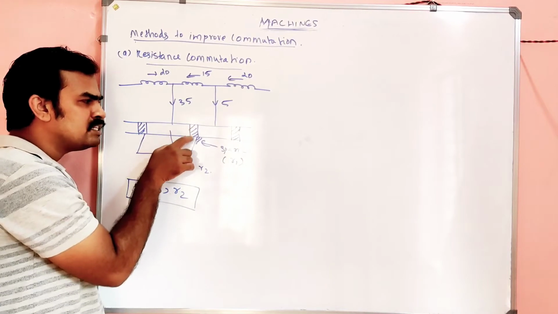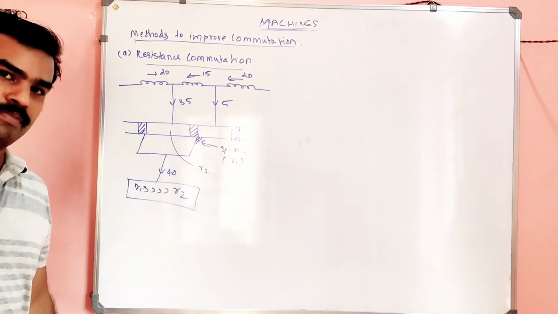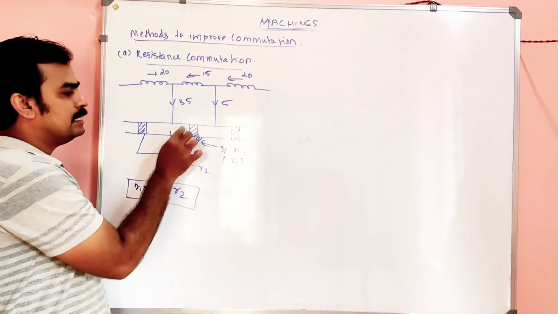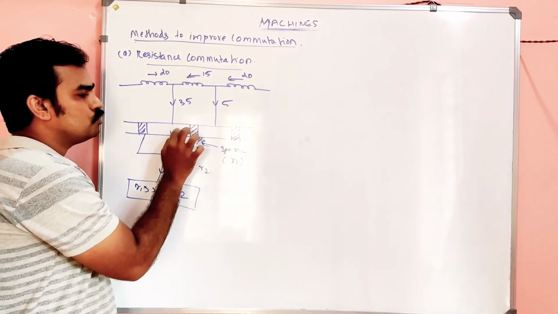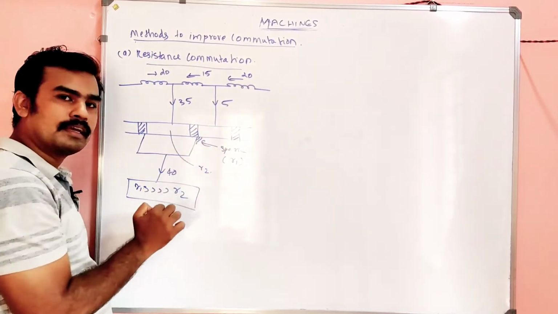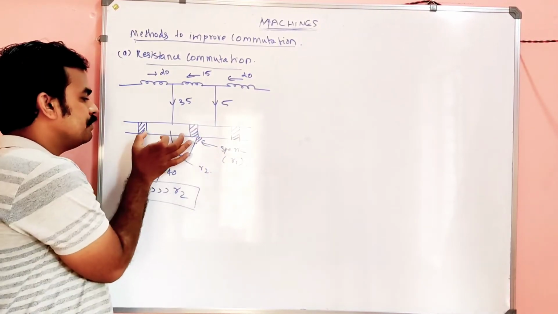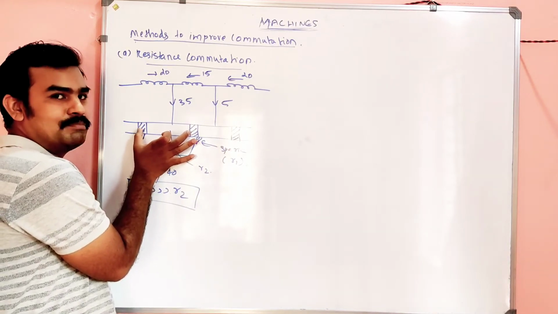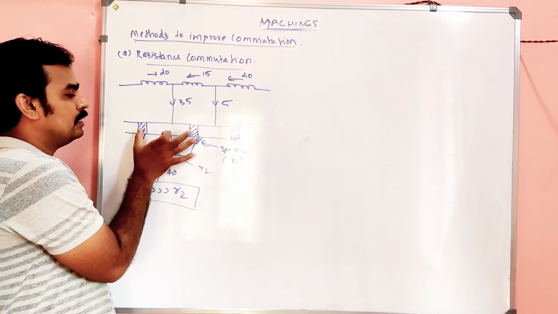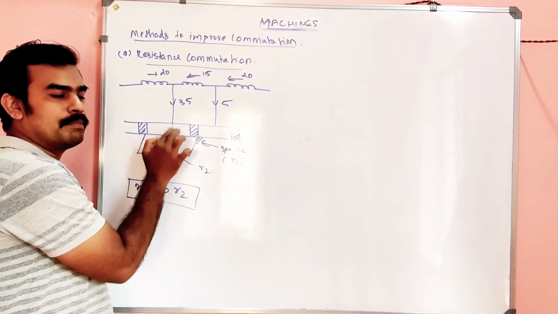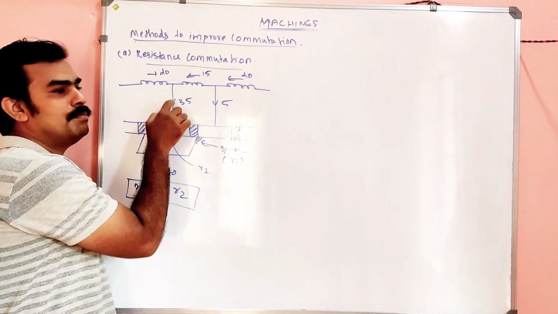That means make this insulator as strong as possible, so that there is perfect insulation between these two commutator segments. So there will not be any spark. If there is no spark, the brushes will be completely short circuited by the commutator segment and the complete 40 ampere will flow like this.